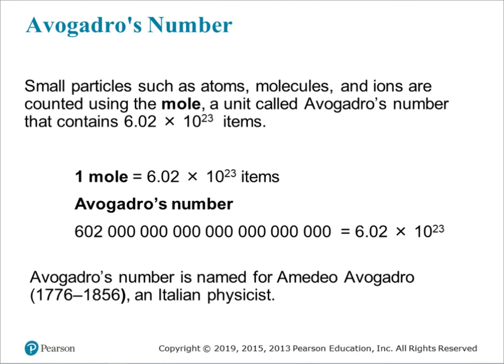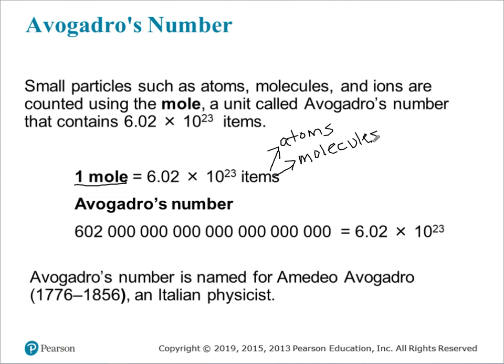The mole is Avogadro's number. Avogadro was a physicist, and he came up with this. 1 mole is 6.02 times 10 to the 23rd items. So that could be atoms. It could be molecules, any number of things.